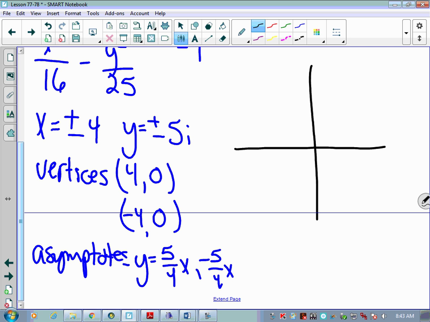Okay. So the first thing I'm going to do is go with my vertices, 4, 0. So let's 1, 2, 3, 4, 1, 2, 3, 4. Okay. The next part after that is the asymptotes. Okay. So starting at the origin, going up 5 over 4, up 5 over 4, those types of things.